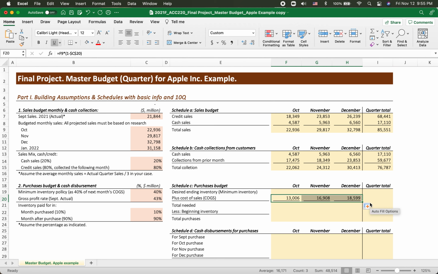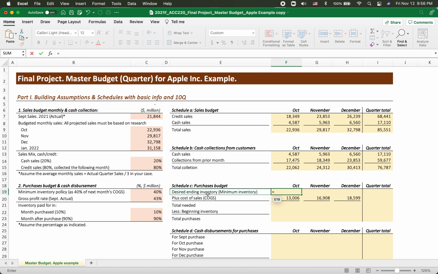To calculate desired ending inventory, first I calculate cost of goods sold or cost of sales. And then the desired ending inventory calculation, the minimum inventory policy is 40% of the next month, right? 40%.